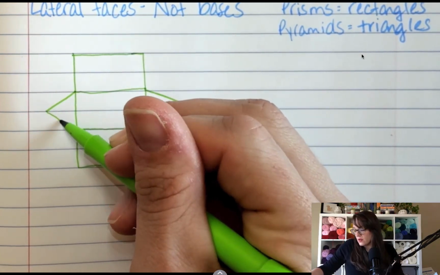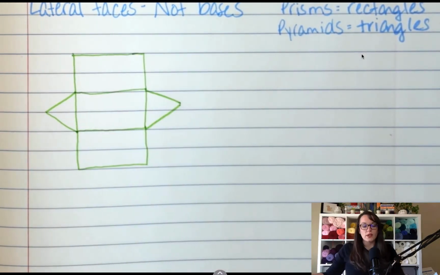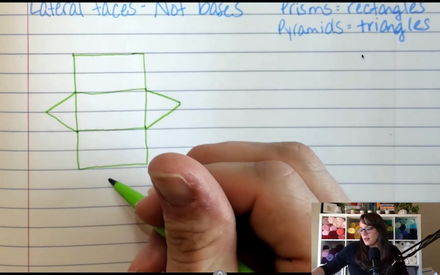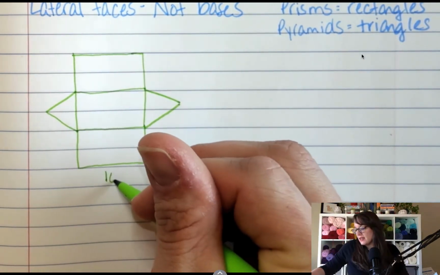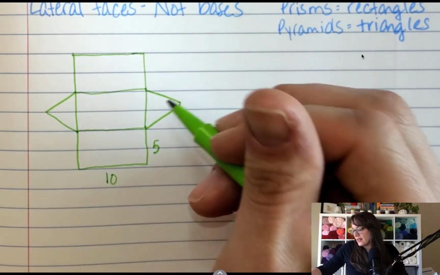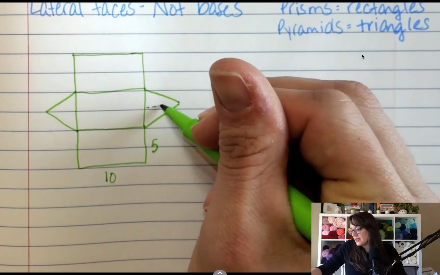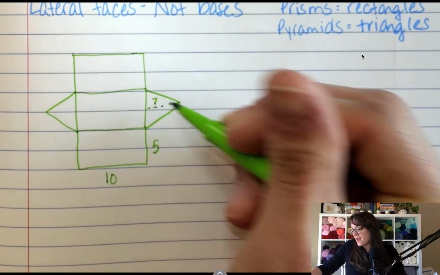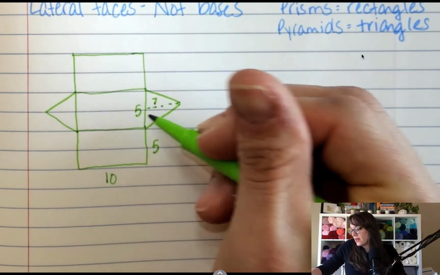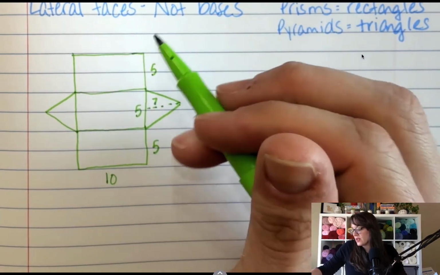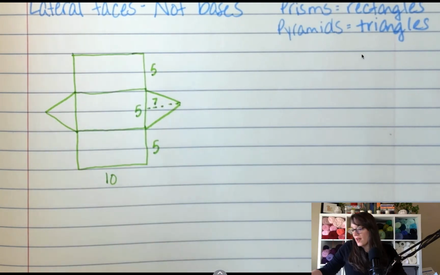Now, once I have my net, if this is, let's say, 10, this is 5, let's say this is 7, we'll make this 5 as well, this 5 as well. All right, I think that's all you need.